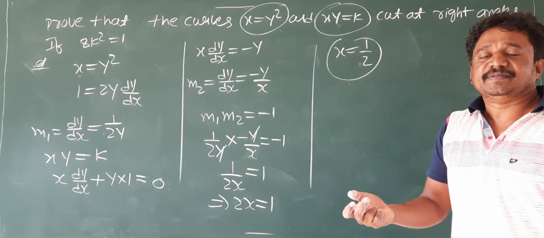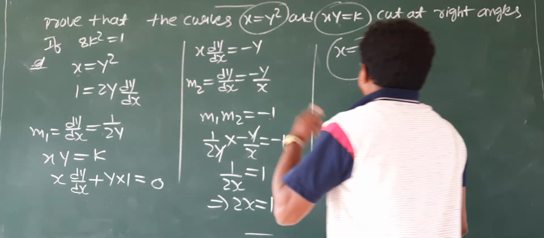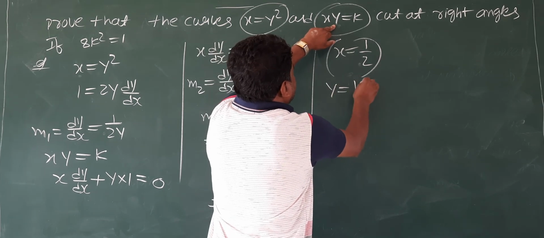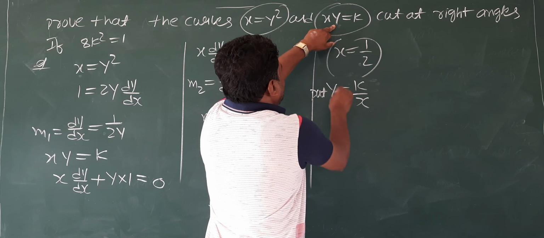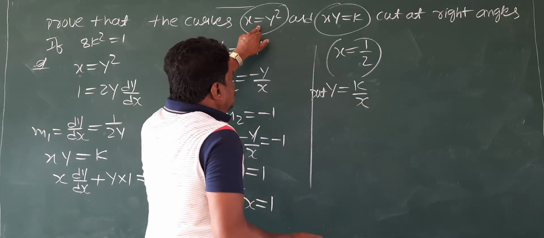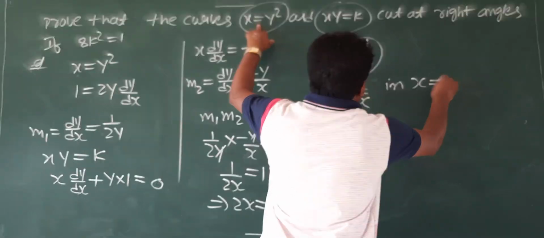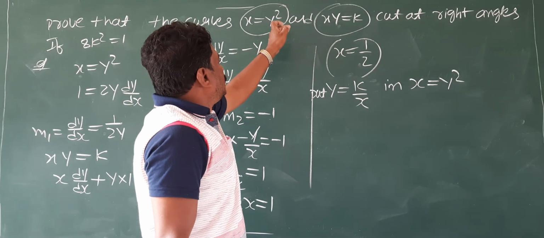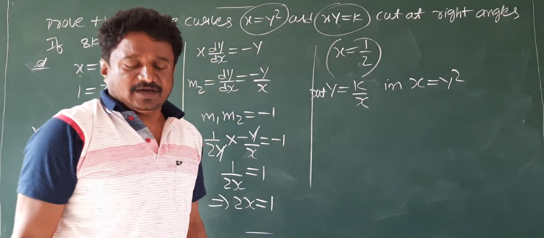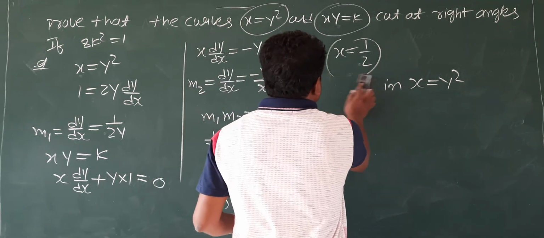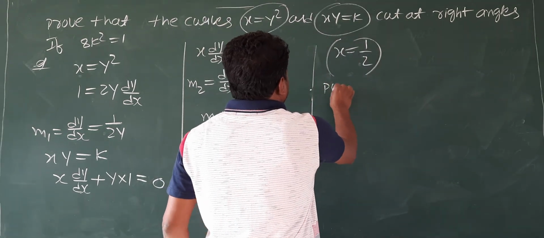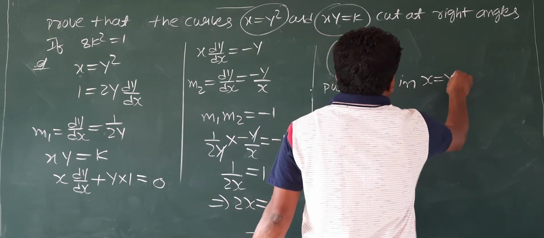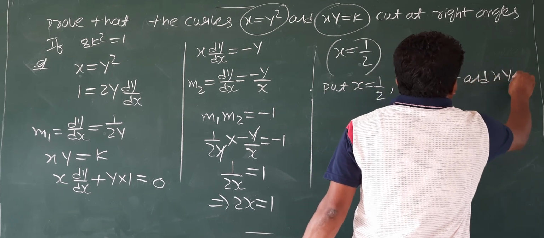How do I do that? How easily do I get that? Look at this one, so simple. Put x is equal to 1 by 2 in x is equal to y square and xy is equal to k.